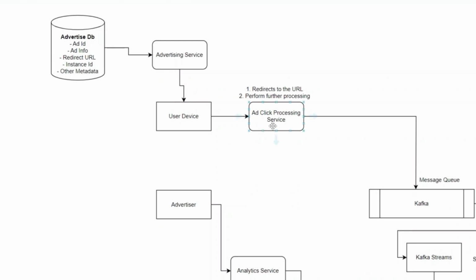If this particular user clicks this particular ad with the same instance ID, then the count shouldn't be calculated. But if the same user clicks the same ad with a different instance ID, then that should be considered. So this is how we can prevent multiple fraudulent clicks. So yeah, that's it.